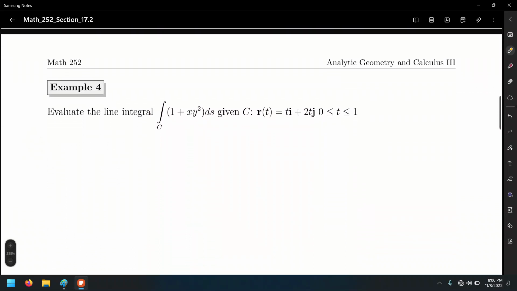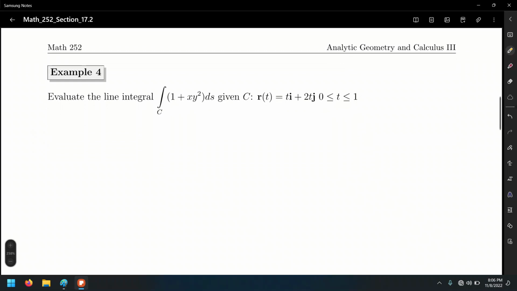Let's do some examples. This first example: evaluate the integral over C of the function 1 plus x plus y, x plus x y squared, ds.